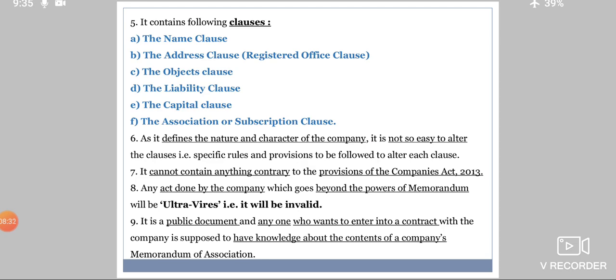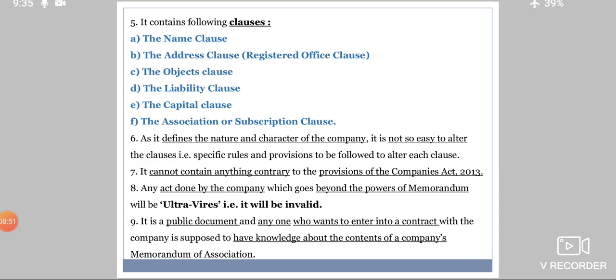That means whatever activities or powers of the company you have mentioned in the memorandum of association, if the company goes beyond those powers, that will be invalid. It would be ultra vires.